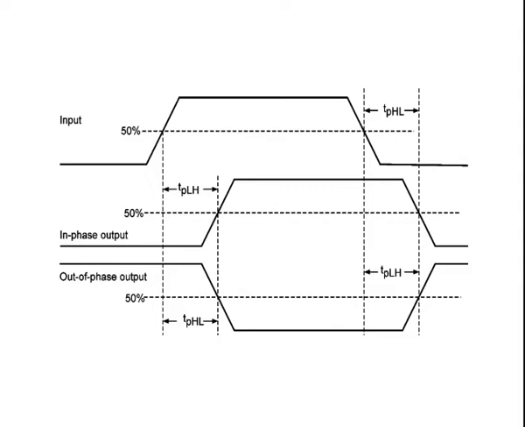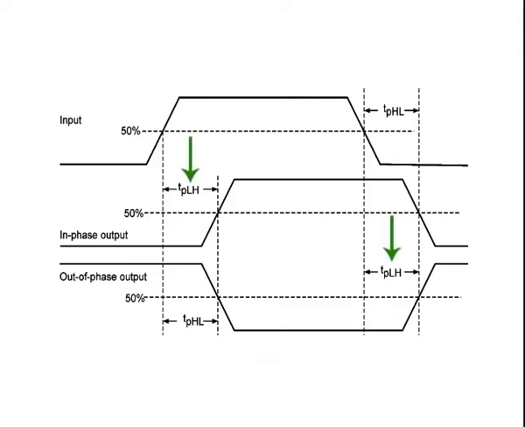Propagation delays are separately defined for low to high and high to low transitions at the output. In addition, we also define enable and disable time delays that occur during transition between the high impedance state and defined logic low or high states.